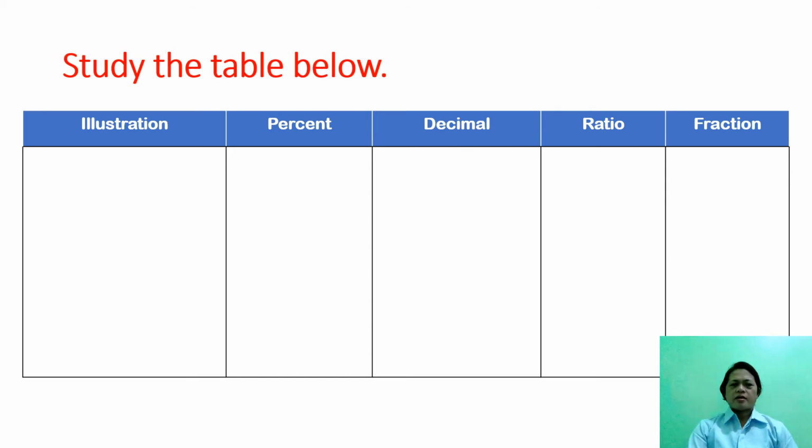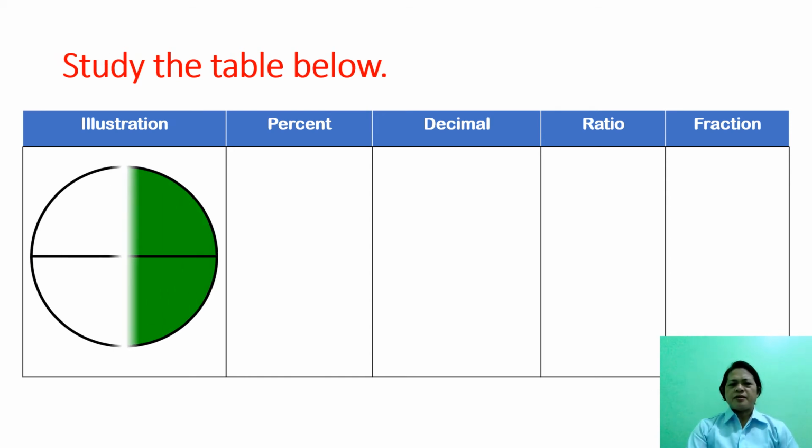Okay? Let us have this example. What is the fractional part of the shaded regions? Very good. It's 1/2. How many is it in percent? Very good. It's 50%. How will you write 50% in ratio?